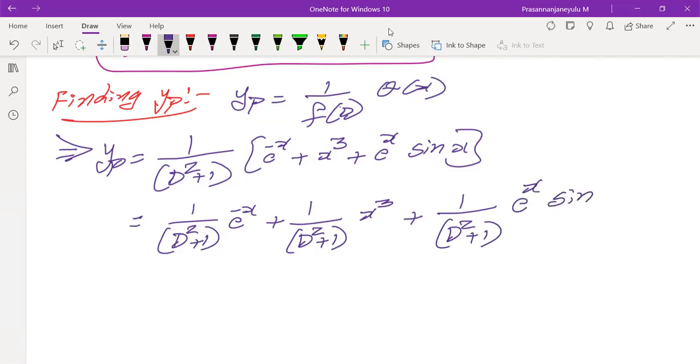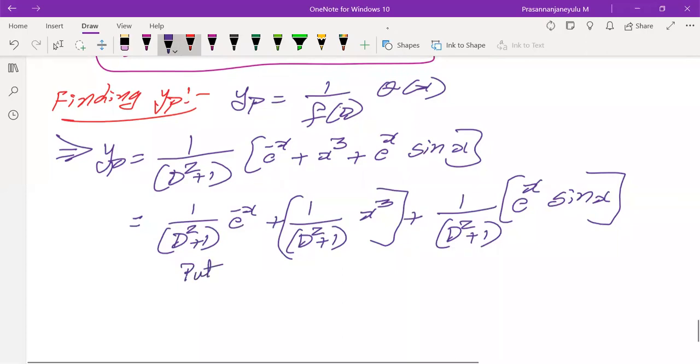This term is one step, and that term I am taking as one step. But here I am substituting directly. Put d is equal to minus 1.